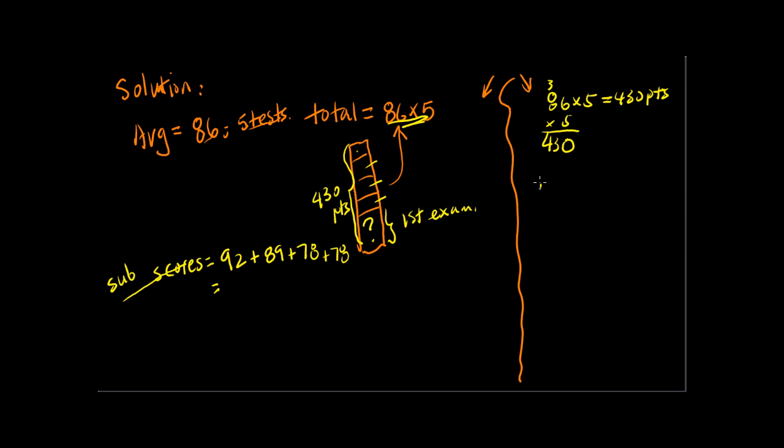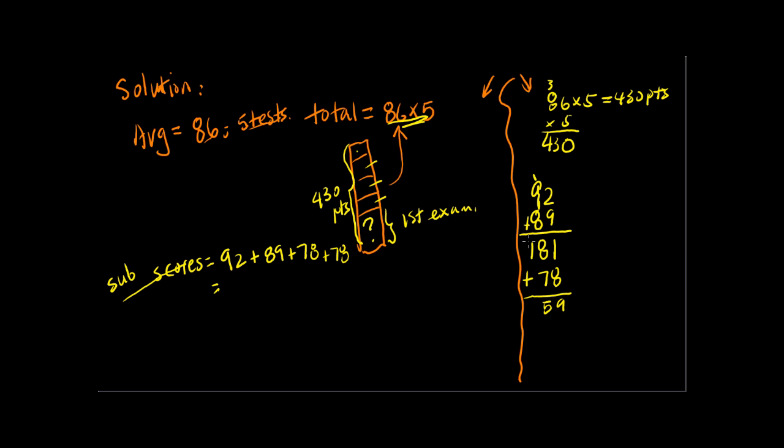Let's do this on this side, let's add it together. So you have a 92, 89. Now there are faster ways we can add this, but for the duration of this problem, let's just add it the normal way. So here we have a 1, carry over 1. That gives us 181. And next one is a 78. We have a 9 here.